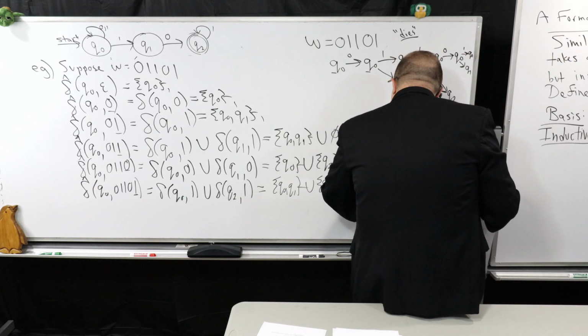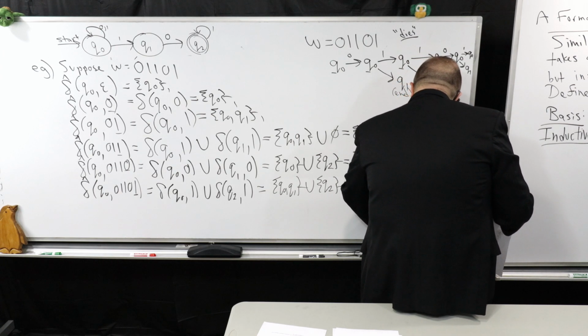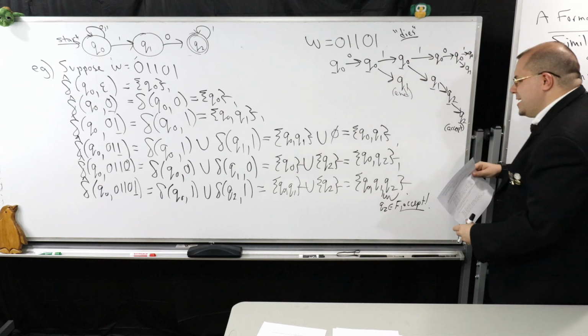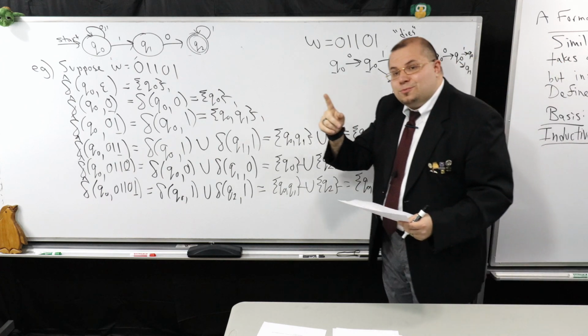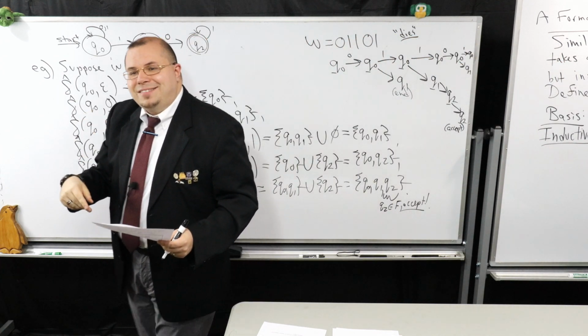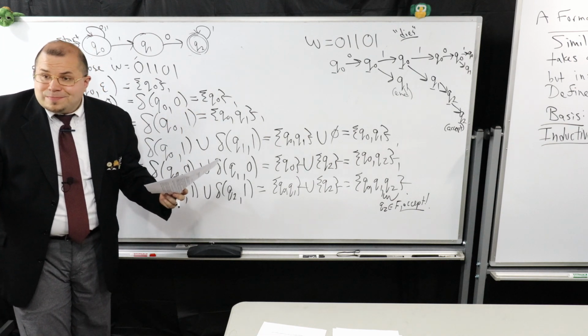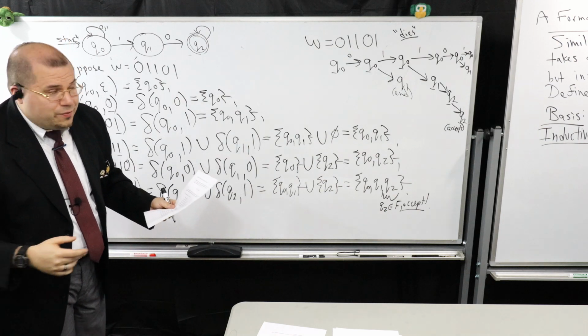Q2 is in F, so we accept. Perfect. That's the big thing we can use to test whether the string accepts: if one of the states left in our set of active states is a final state. We need at least one of them there.